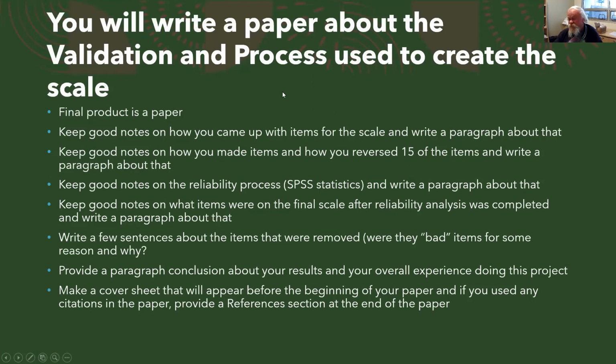Then what is the final product? And you'll be graded on this, and it's worth 50 points. You'll write a paper about the validation and the process used to create the scale, and then check the reliability of it. So what you want to do is take plenty of notes, all right?